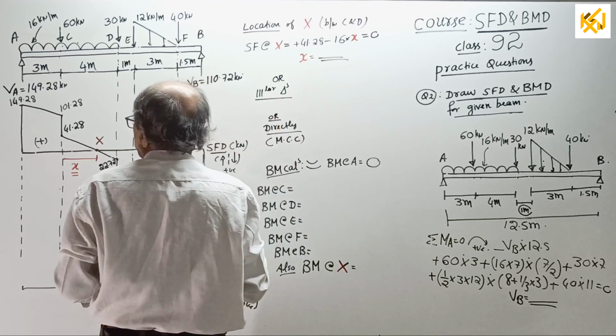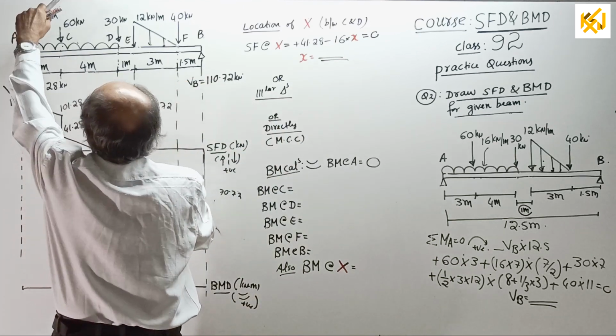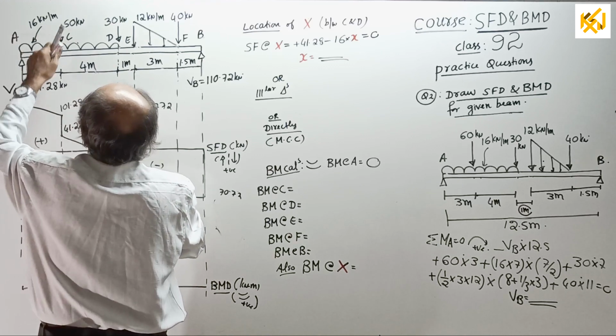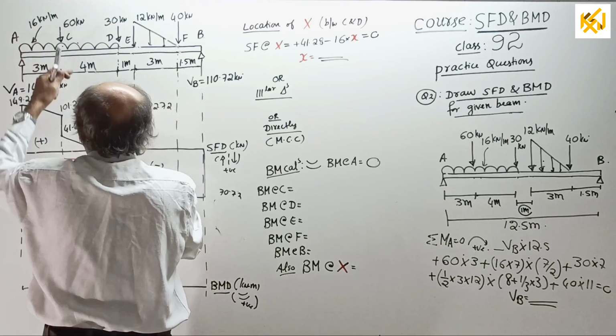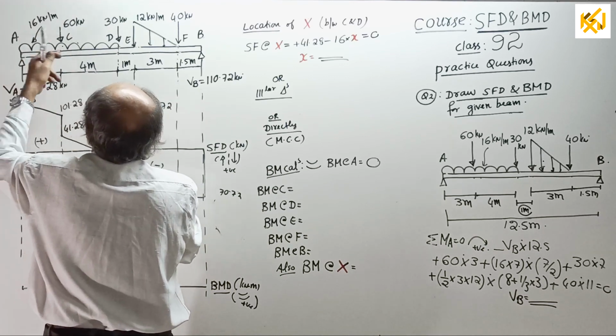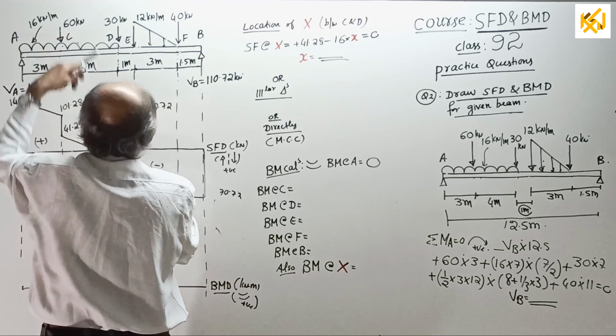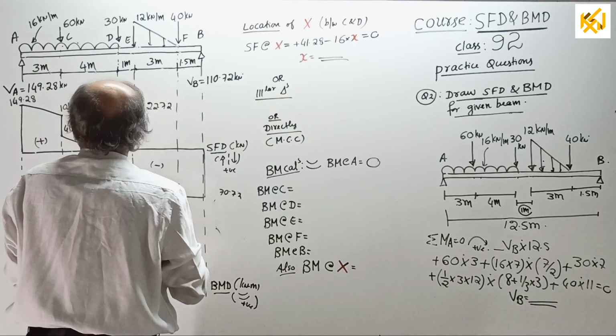Or you can do one thing, suppose you find difficulty, start from there. Plus 149.28 minus 16 into 3 minus 60 minus 16 into X. Or you can do one thing, 149.28 minus 16 into (3 plus X) minus 60. Whatever you want, you can do it. Or similar triangles.